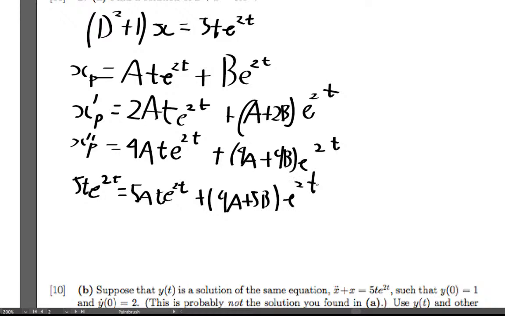Okay, so first thing first, this guy here should equal 0, this guy here should equal 5. Therefore, I figured out a must equal 1. Therefore, 4 plus 5b equals 0. That means b would be negative 4 over 5.